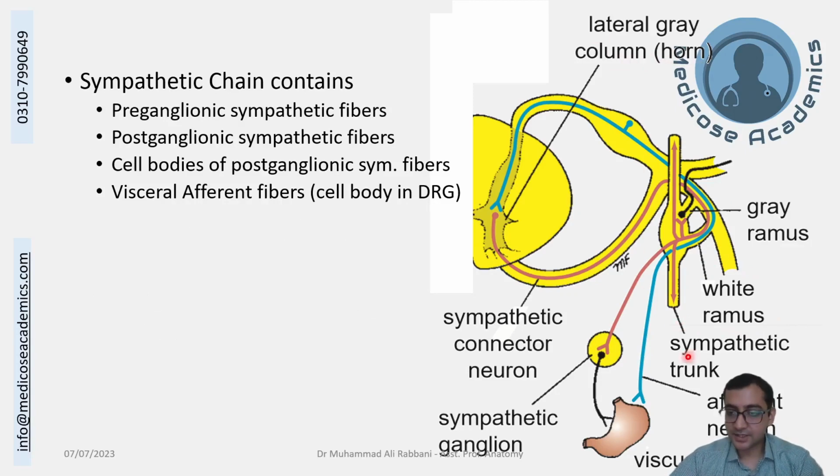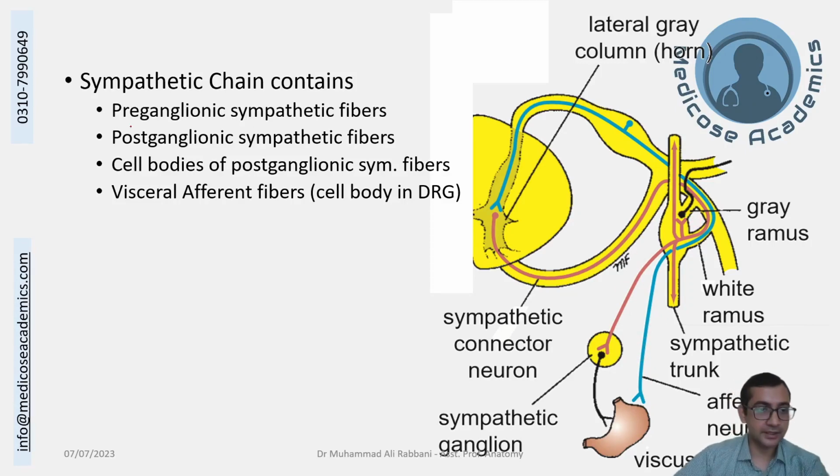So, from discussing all of this, we come to the conclusion about what structures make up the sympathetic chain. It consists of presynaptic fibers, postsynaptic sympathetic fibers, and of course the cell bodies of the postsynaptic neurons. In addition, visceral afferent fibers traveling along the sympathetic fibers on the way to the dorsal root ganglion cross the sympathetic chain.